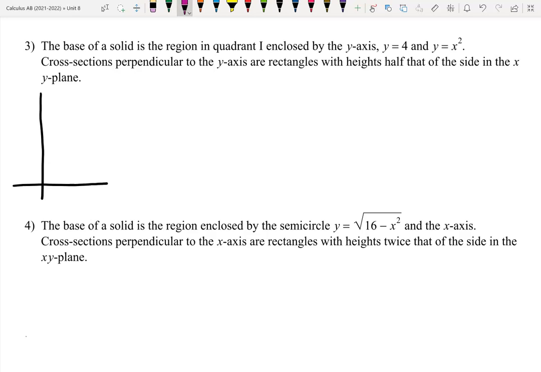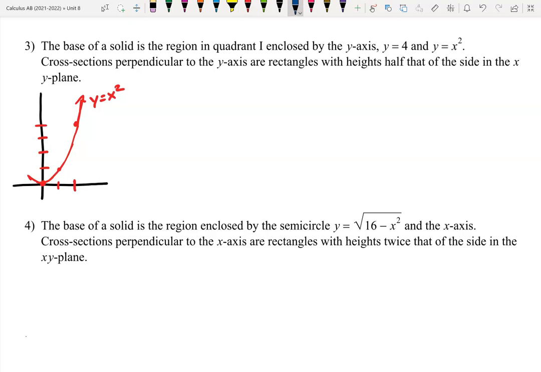We have the curve y equals x squared. So that's going to be, let's see, 1 and 1, 2 and 1, 2, 3, 4. So we have kind of this curve right here, right? So that is y equals x squared.